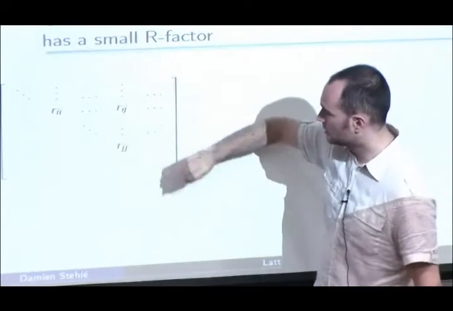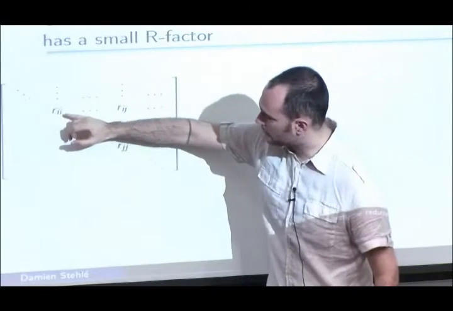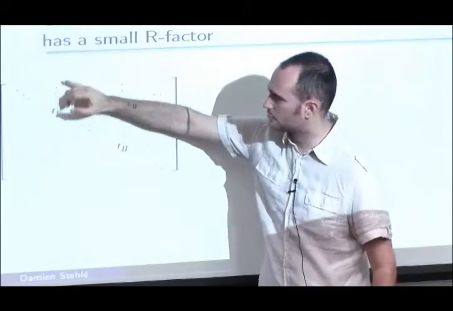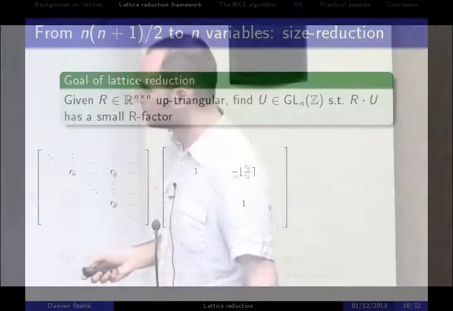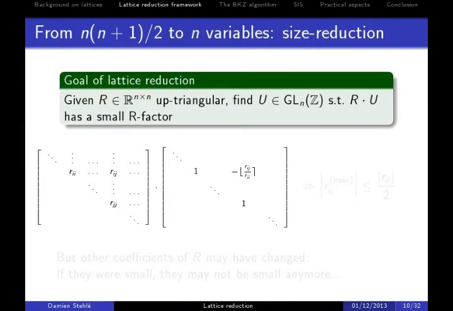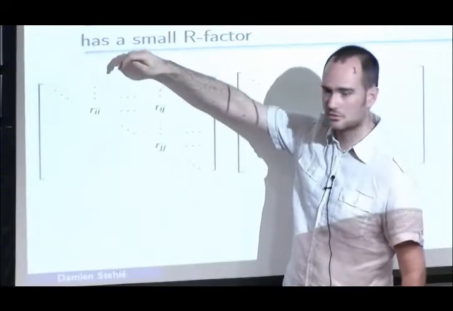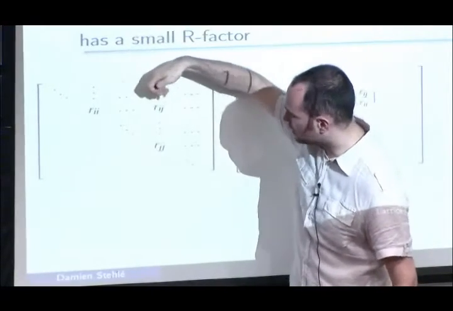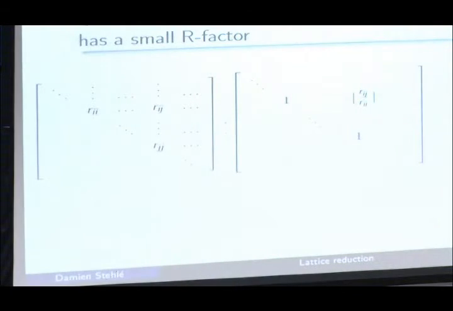So I would just annihilate this term using the correct multiple of this column. But unfortunately, I cannot do that, because the coefficient you use for this column may not be integral. So the Rij over Rii may not be an integer, and you are restricted to integer transformations. If you don't do integer transformations, you lose the lattice.